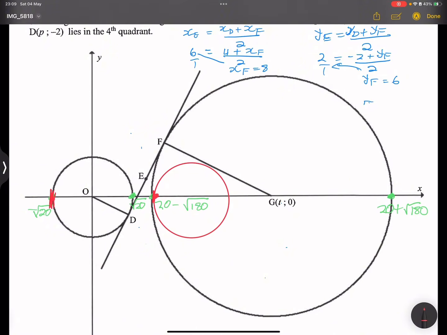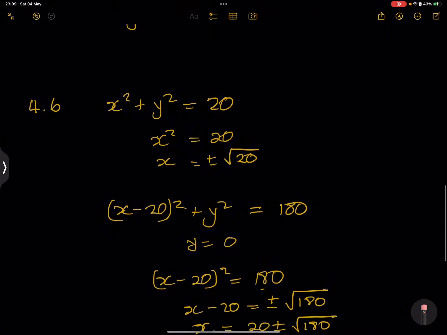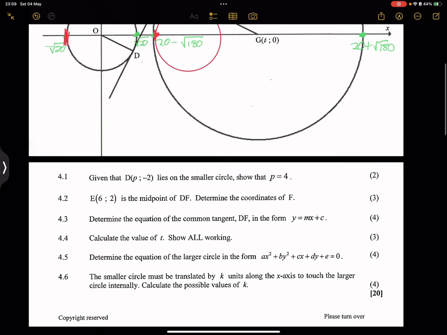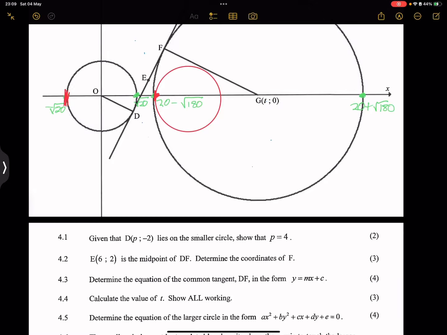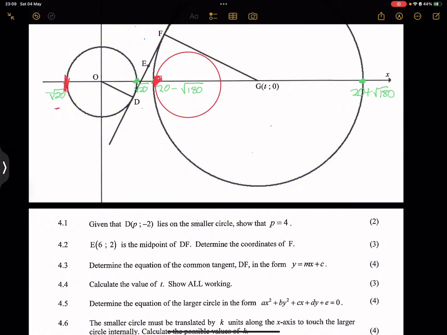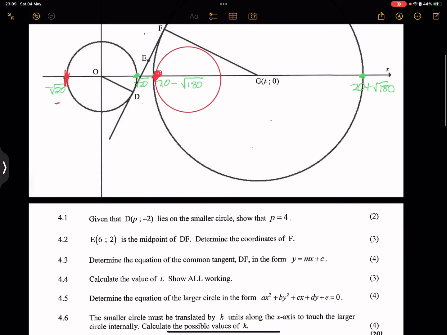For the first value of k, please note, I'm going to take the x coordinate of the big circle, so that's 20 minus root 180, this value over here, and I'm going to say minus the square root of 20. I hope that makes sense, ladies and gents. So 20 minus root 180 minus a negative root 20.